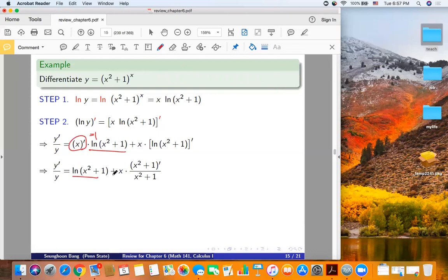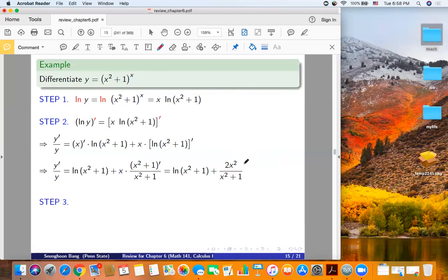So only this part: inner function prime over inner function. x squared plus 1 prime is just 2x. So this is same as 2x, and x times 2x is 2x squared.